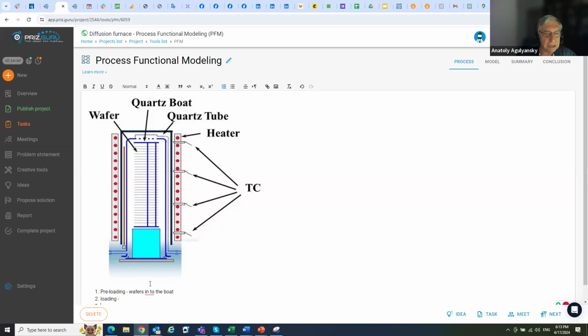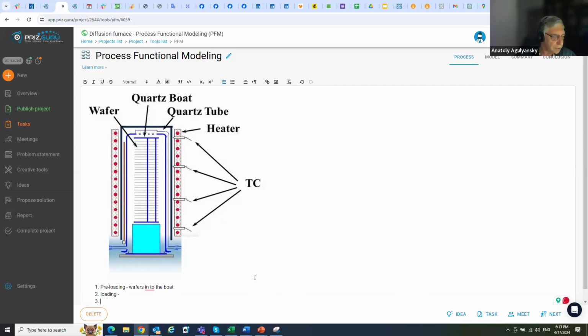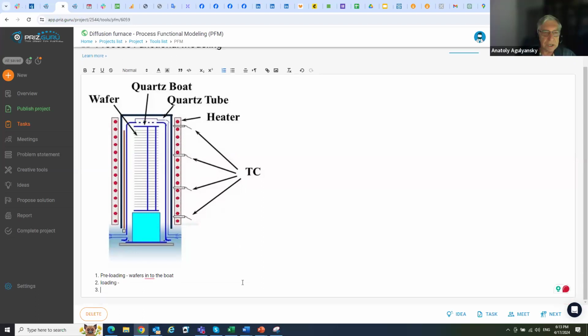The next operation, the furnace is always at elevated temperature, 300 degrees centigrade. We should wait to stabilize the temperature. Stabilization.